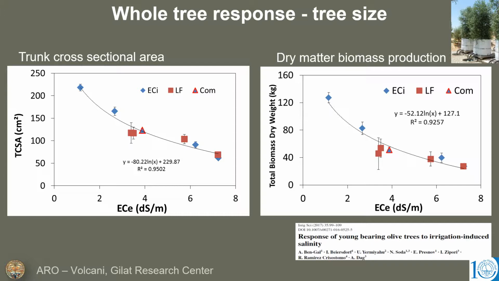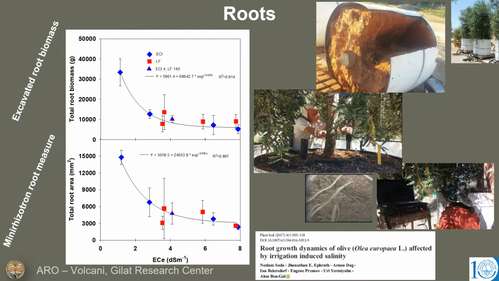On the right side is the biomass production when we took these trees down, and that's total biomass production: trunks, leaves, fruits over the seasons, pruning material and roots after we did it. We get these total response curves that look, first of all, similar to what we saw in evapotranspiration, and second of all, similar to one another, with a fairly steep response at the beginning of the salinity.